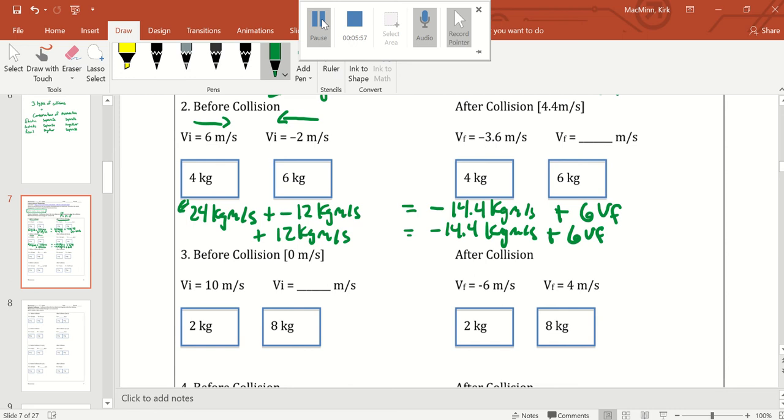So I have to add 14.4 to both sides. Which is going to give me positive 26.4 kilogram meters per second equals 6 VF.